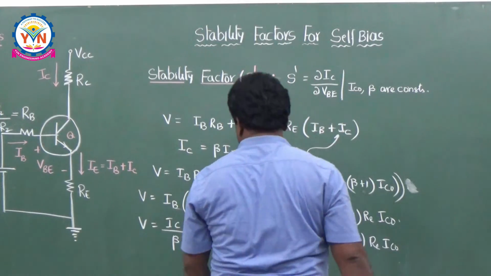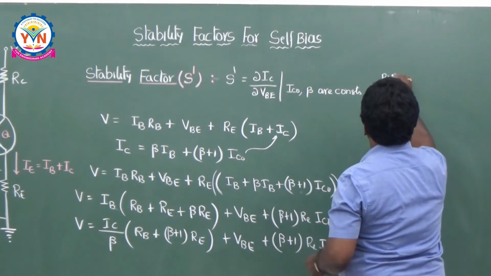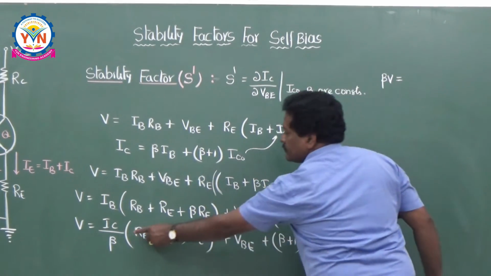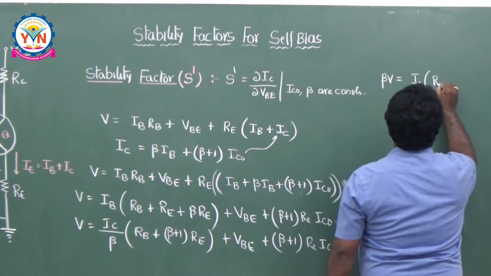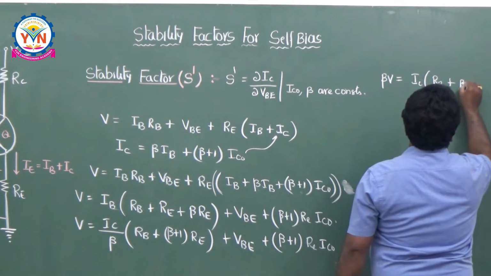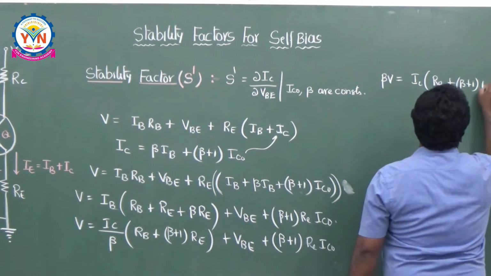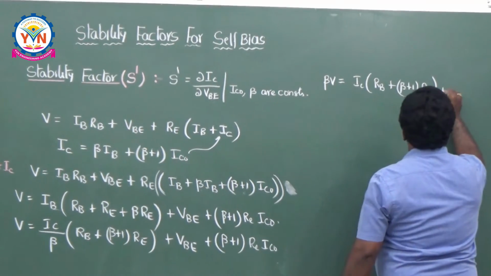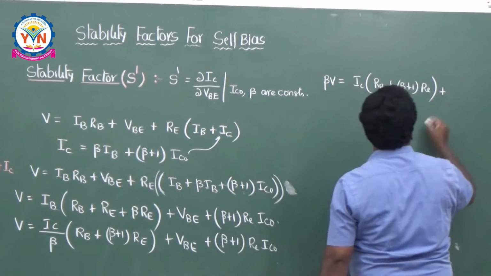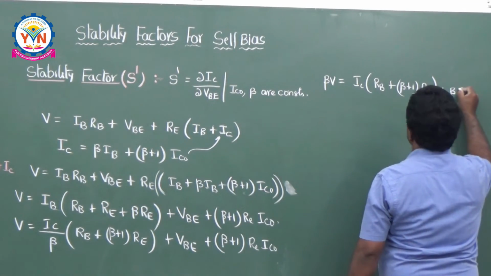Multiplying by beta, beta times V is equal to IC into RB plus beta plus 1 times RE, plus beta times VBE, plus beta into beta plus 1 into RE into IC naught.